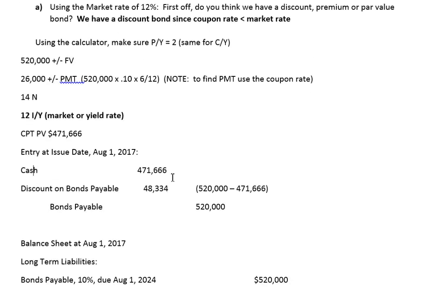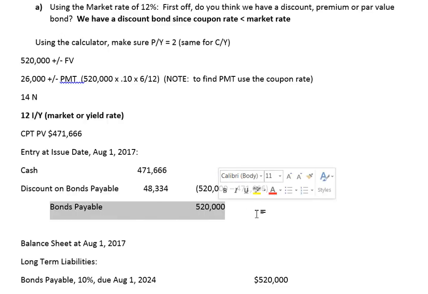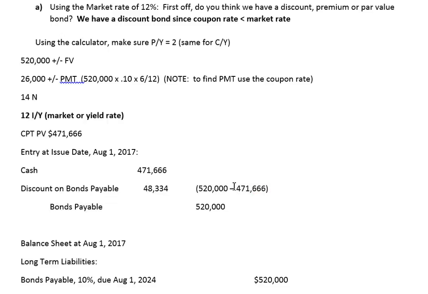So now on August the 1st, to make the journal entry on Billboard's books, they record the fact that they got cash of 471,666, and they've also now got debt. They've got a bond payable of 520,000. But the difference is 48,334 on the debit side. That is called a discount. We're going to do some more work on discounts as we get further into this chapter to show you how they impact interest expense. But the bottom line is this.